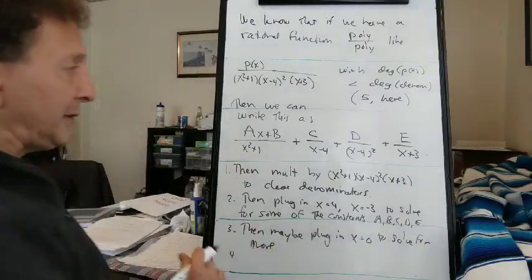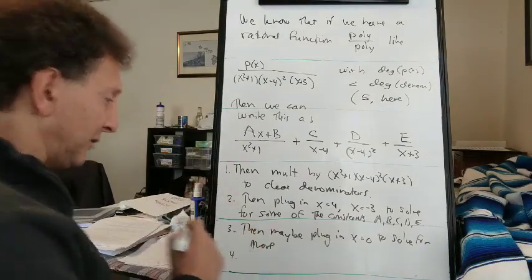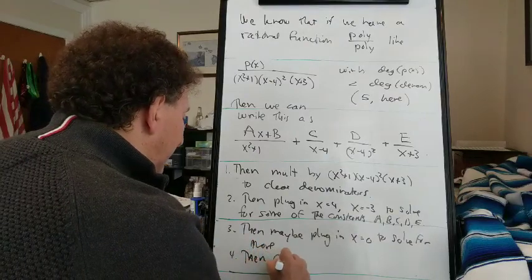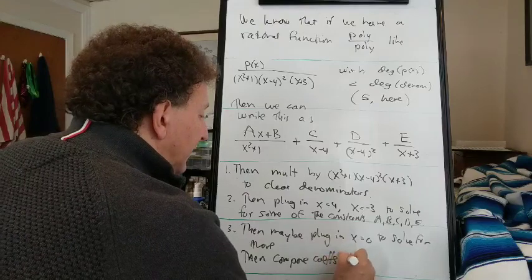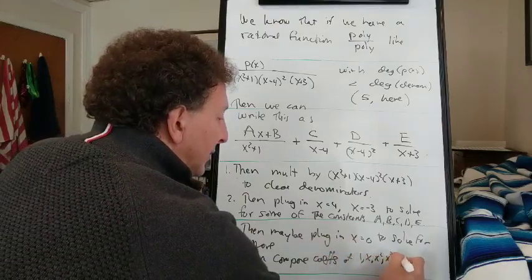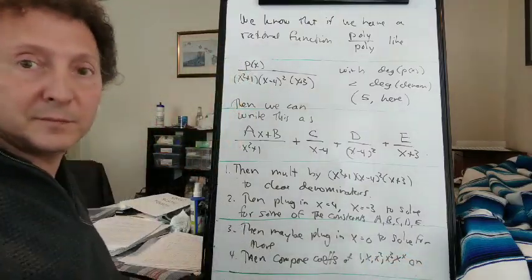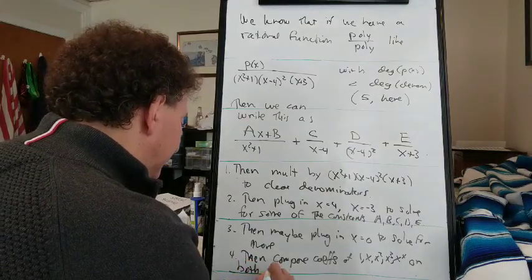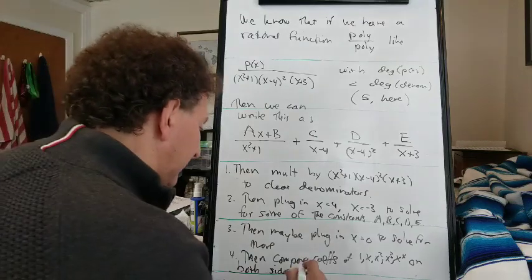And then finally, when we get as much as we can get by plugging in different values of x, then we can compare coefficients of 1, x, x squared, x cubed, x to the 4th on both sides to solve for the remaining constants.